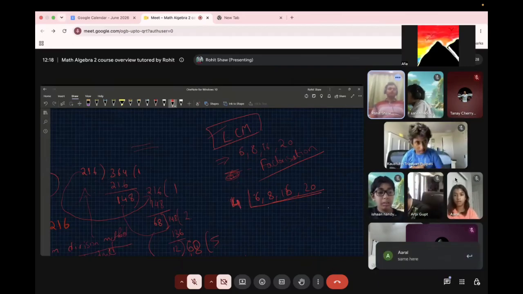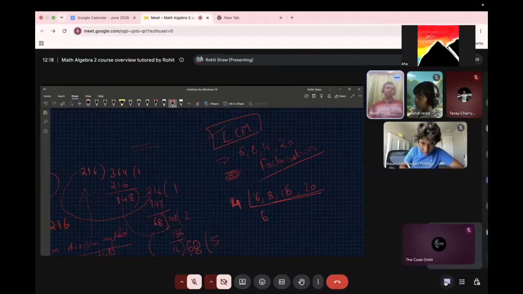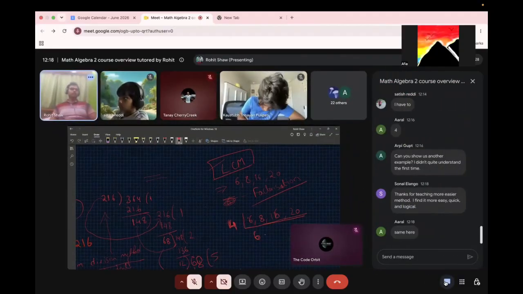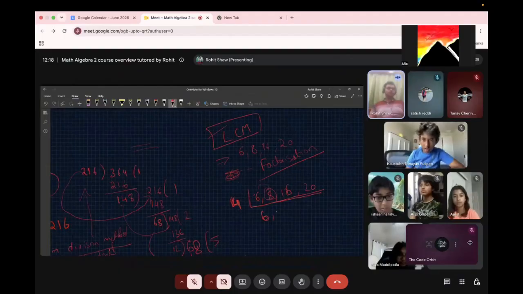Is 6 divided by 4? No, 6 is not divided by 4. I'll just place it down without doing anything. Now check for another number. For 8, is 8 divided by 4? Yes. What is the quotient? The quotient is 2.